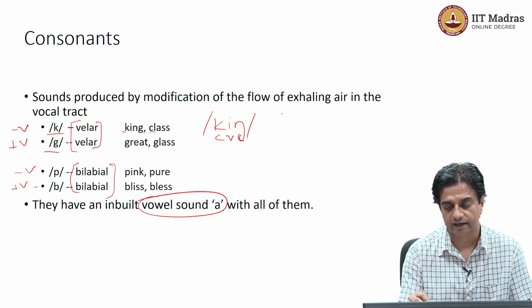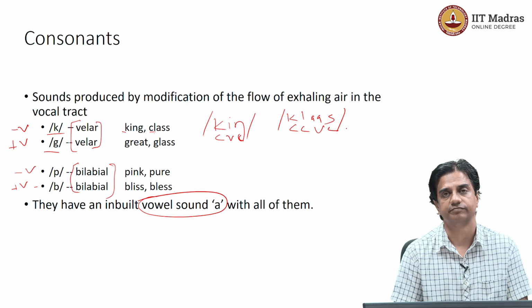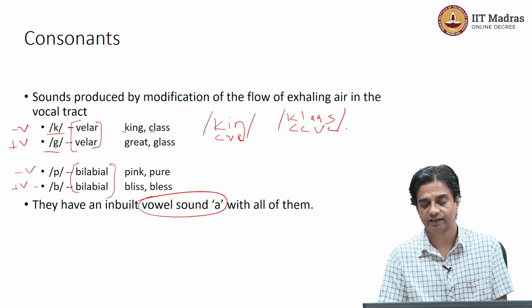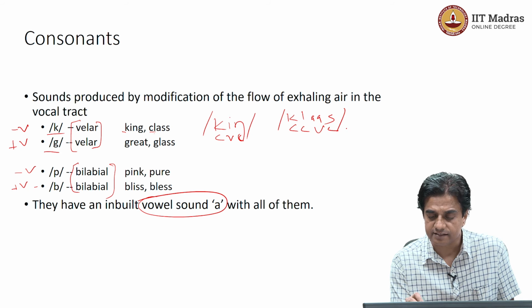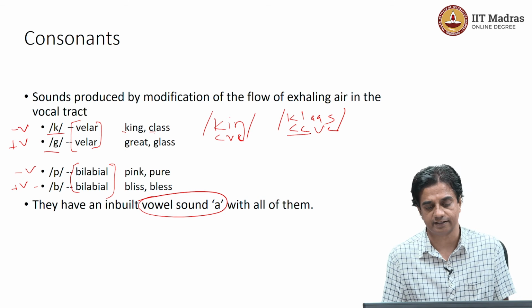When we say class, we have ka, la, a and sa, class. This has CCVC sequence. And in this word, the first two consonants are forming a cluster, class.